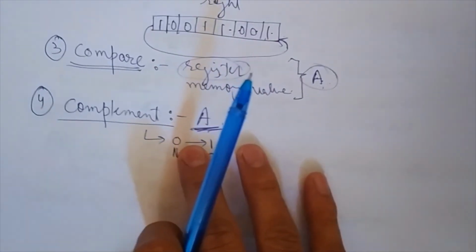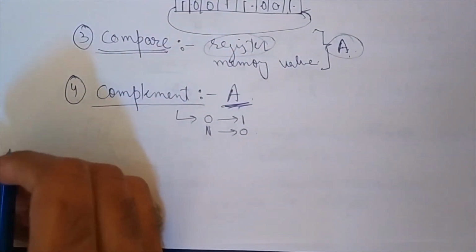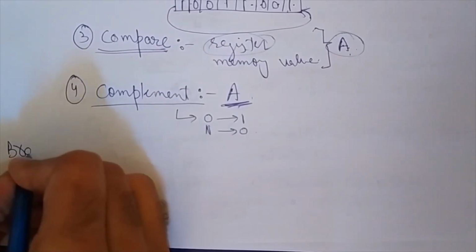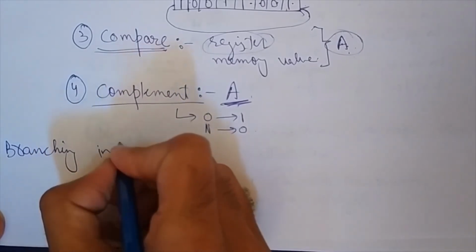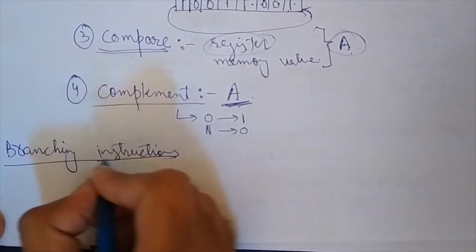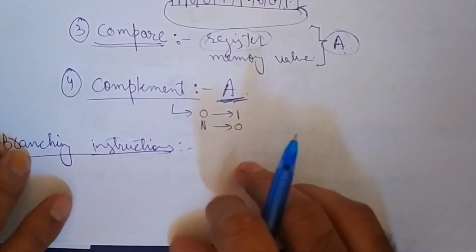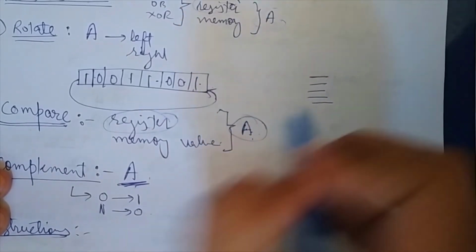Then another group of instructions which are available in 8085 microprocessor are the branching instructions or branch operations. In our microprocessor, basically the instructions are executed one after another.